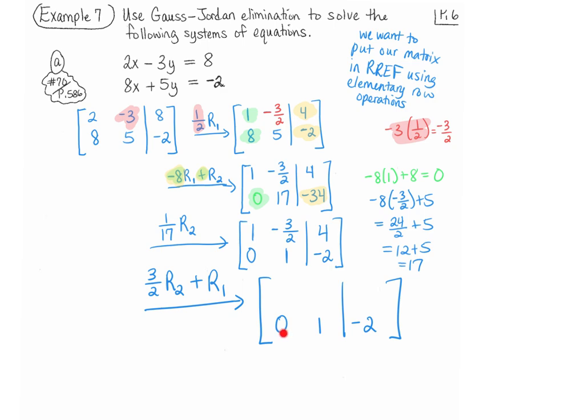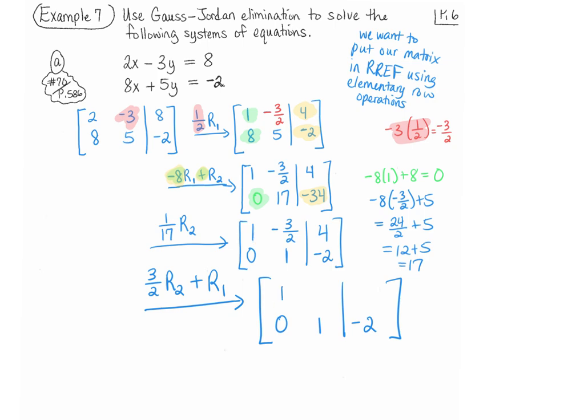3 halves times 0 is 0. 0 plus 1 is, do you need me to write the step in between? I'm saying it, but I'm not writing it. Do you want me to write it first? No? Okay, so I need your responses then. 3 halves times 0 is 0 plus 1 is 1.